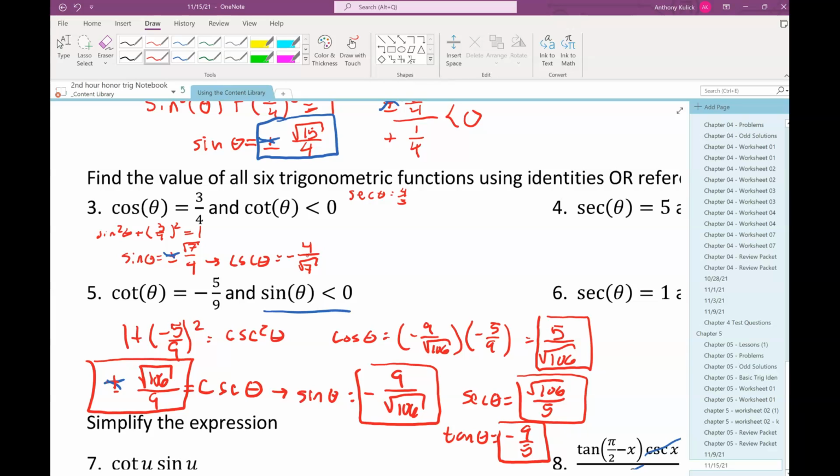So there's sine and cosecant. We have cosine and secant. The last things we need are cotangent and tangent. So tangent is sine over cosine. So that becomes negative root 7 over 3.